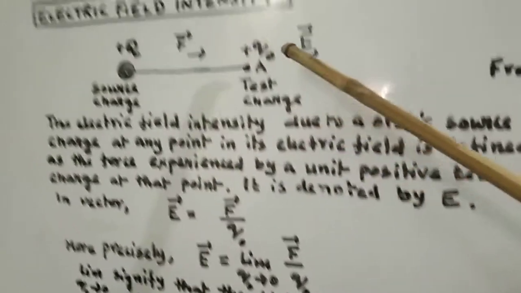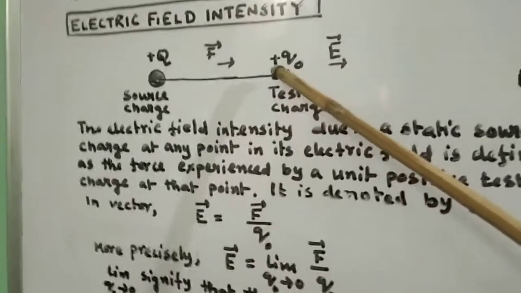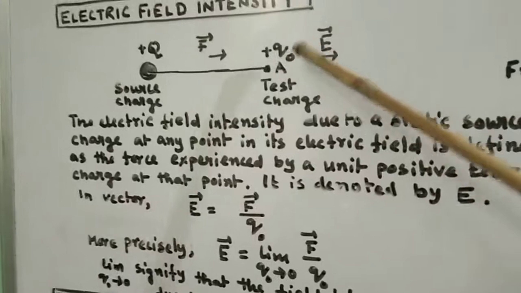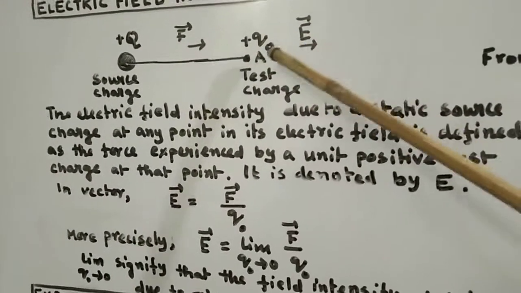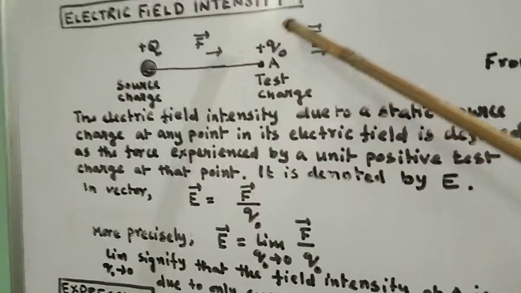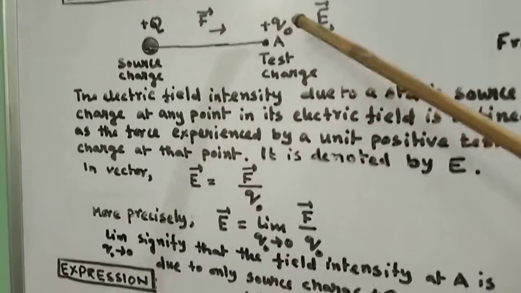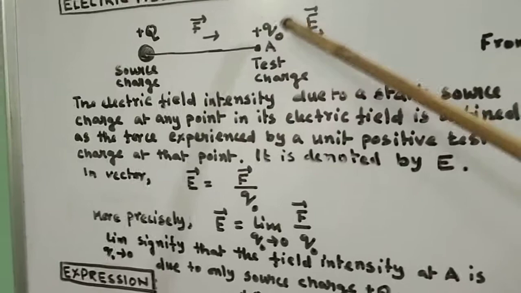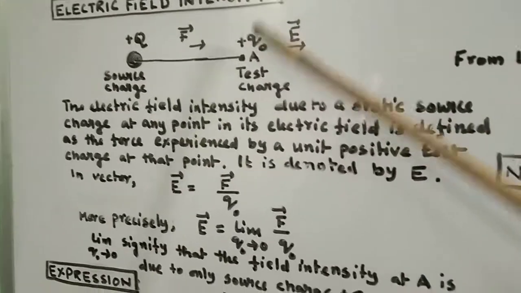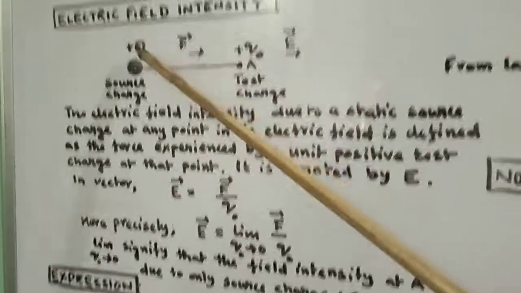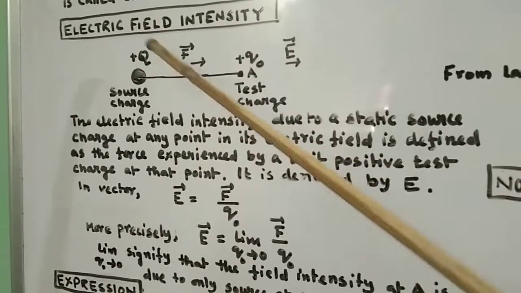So you have to place a unit positive charge at A to define the electric field intensity at A, and then find the force on that unit positive charge. But practically a unit positive charge is very tough. So what we do basically is place any test charge. Suppose here we have placed test charge Q naught. Definitely this test charge's magnitude is very small compared to the charge capital Q, which is the source charge.